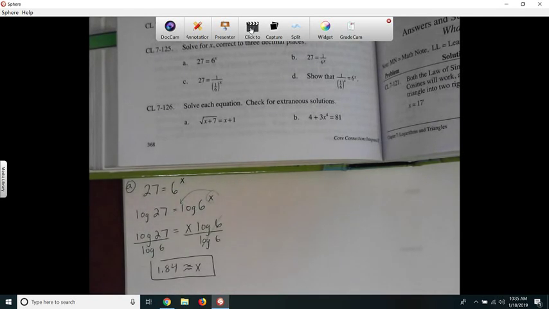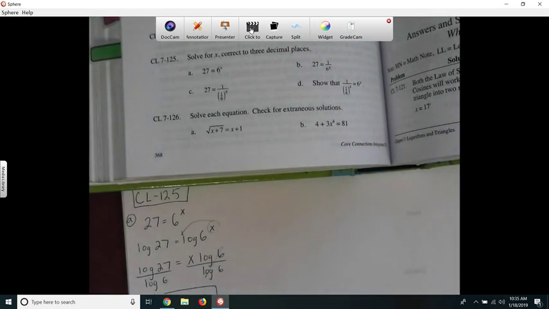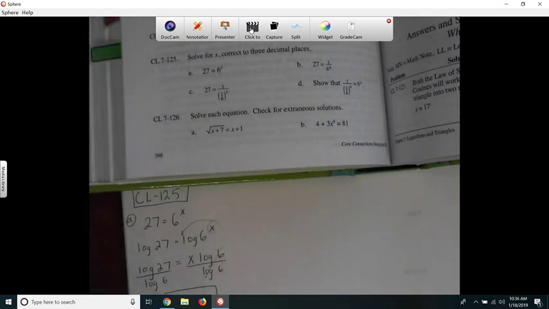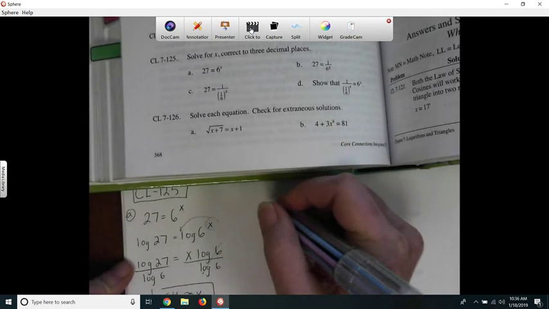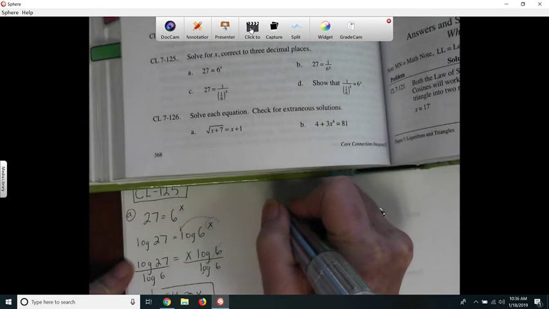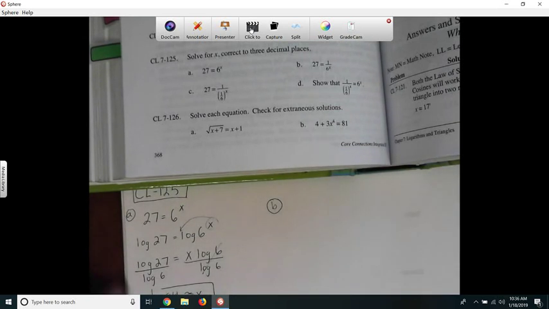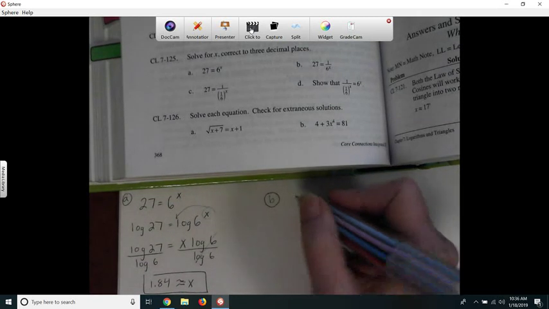Now for the next problem, the first time I did this, actually this is kind of sad. I started doing a whole bunch of brute force on it. I wrote this on somebody's test who got it wrong. I was kind of going to reinvent the wheel, but now I see that the better way to do this would be to use a little finesse rather than just brute forcing algebraically through this.